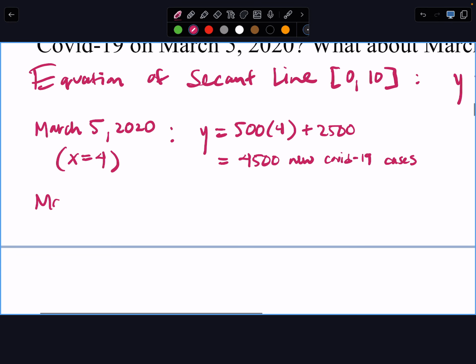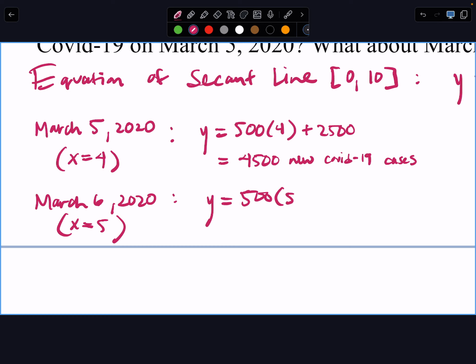Or for March 6th, which would be x equals 5, you could just add another 500. Right, we get 5,000 new COVID-19 cases.